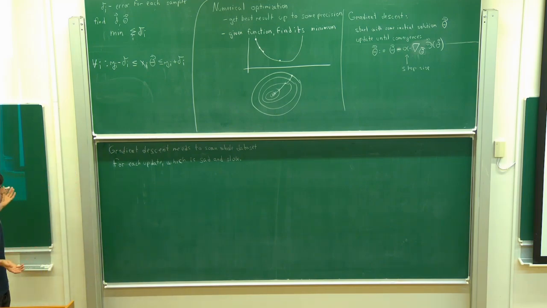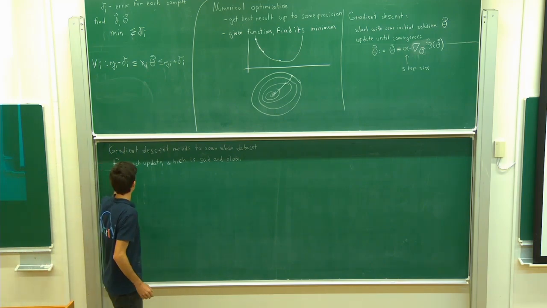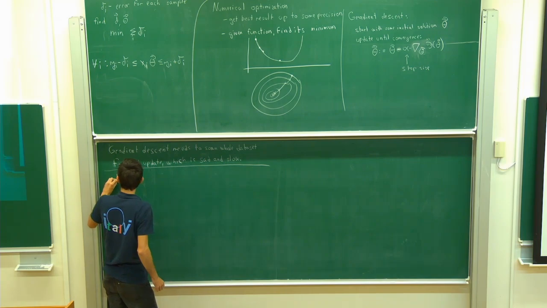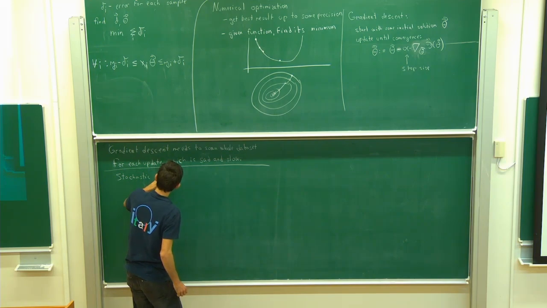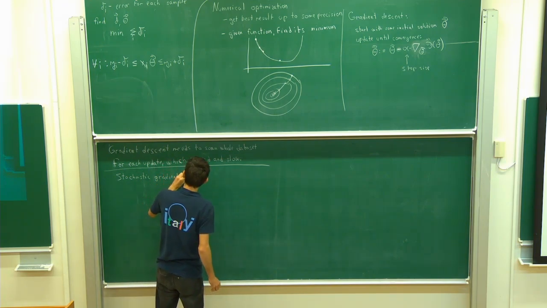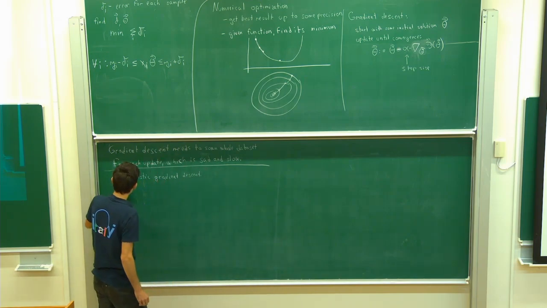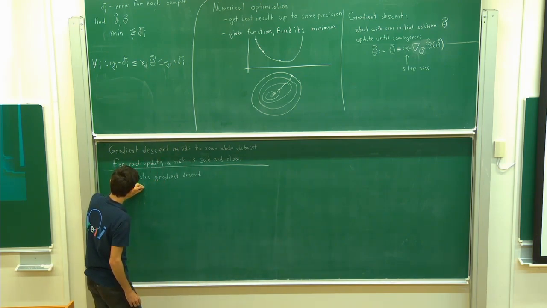So the idea is called stochastic gradient descent. And the idea is that you will update after each sample.